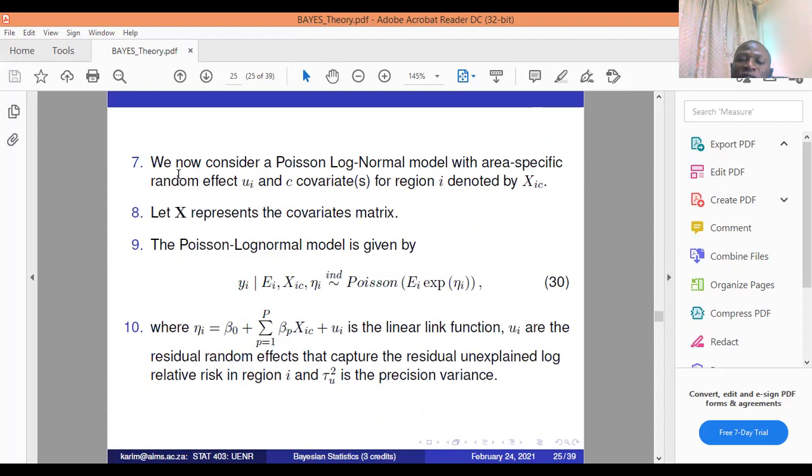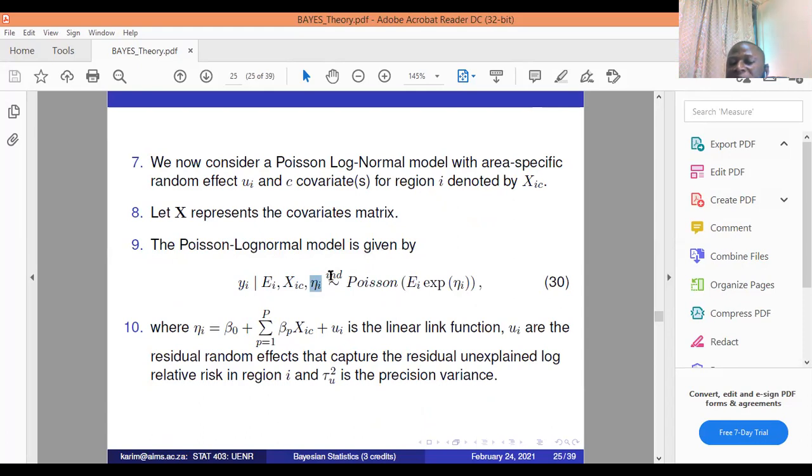Now if we consider a situation where we want to show our covariates, or the design matrix of the risk factors, then y is conditional on the expected number of cases, the risk factors or covariates, and also the betas.